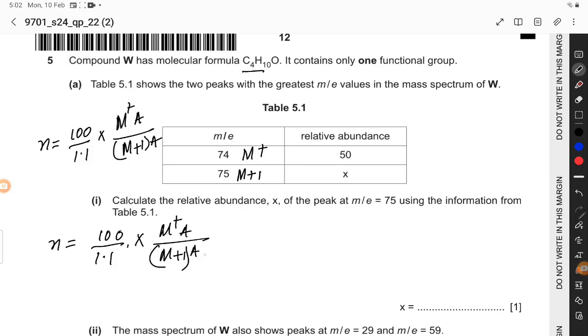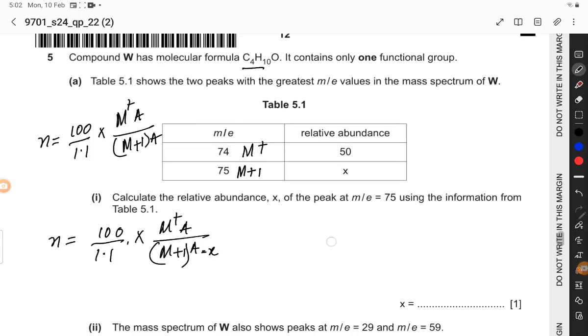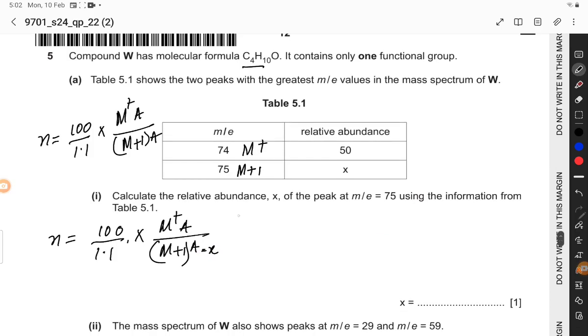It is represented with X. So X is equal to the number of carbon atoms 4 into 1.1 divided by 100 into 50, the abundance of the M peak.